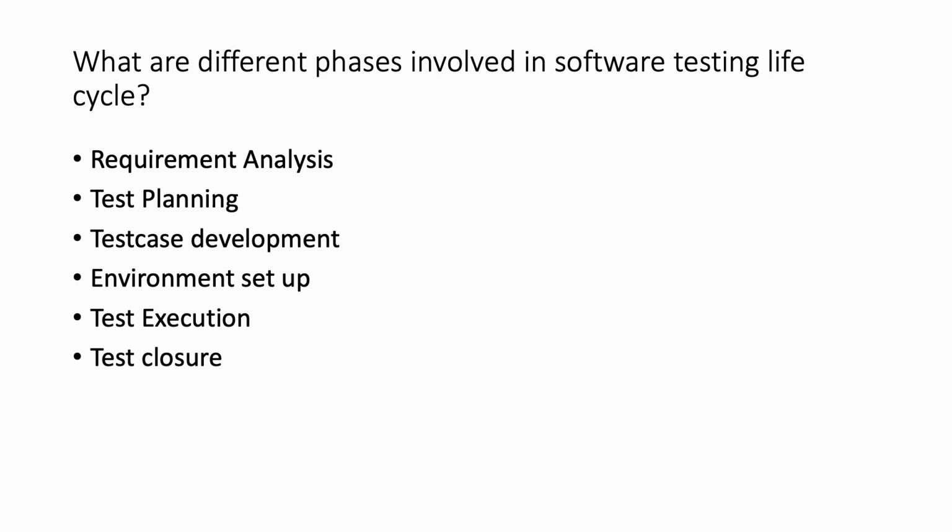Once the code deployment is done in the testing environment, we are ready to do the test execution. Test execution is nothing but running all the test cases that we have written. During test execution, if we find any bugs, we can raise the bug, and it would be assigned to developers, and it must be fixed by the developer as well.